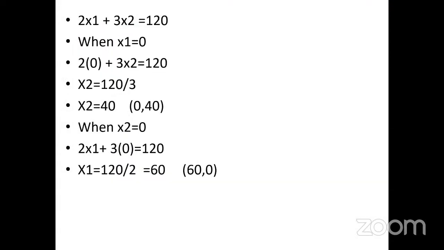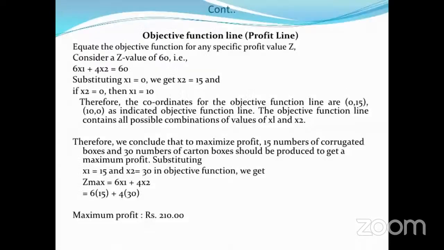This is there in the slide, what we discussed just now, to find the equation lines. Then the objective function line or profit line. They equate the objective function for a specific profit value, that is a Z value of 60.